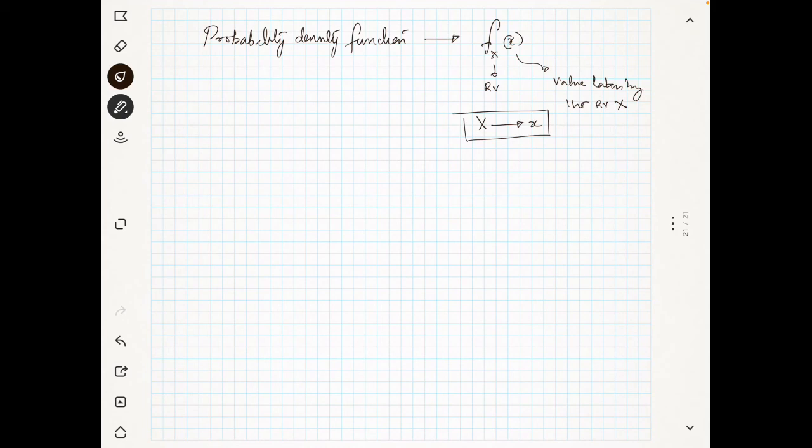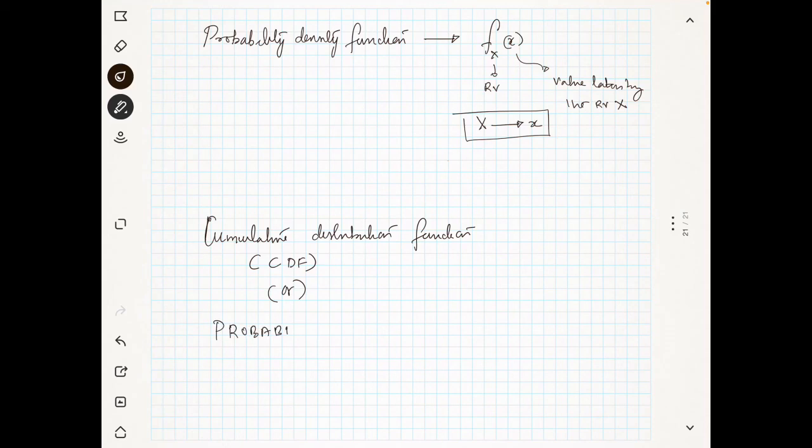We also discussed the cumulative distribution function. That means the CDF of the continuous random variable, which is also known as the probability distribution function.